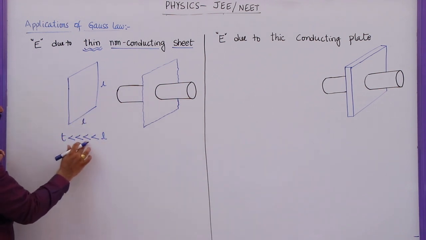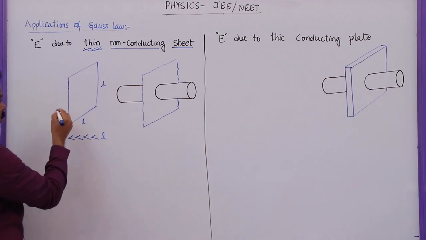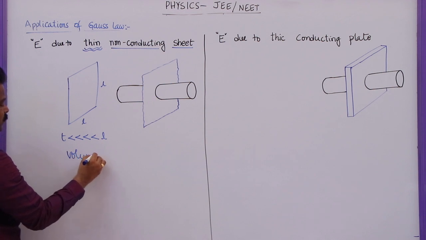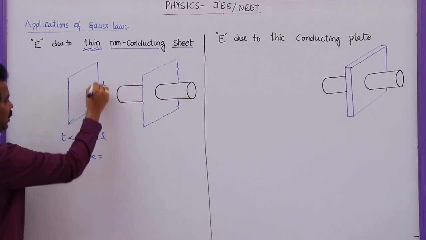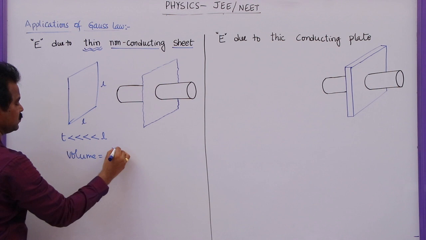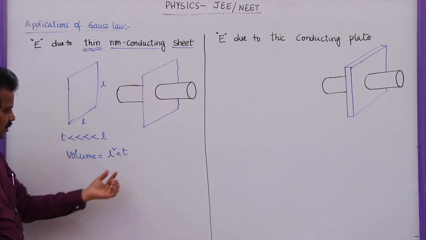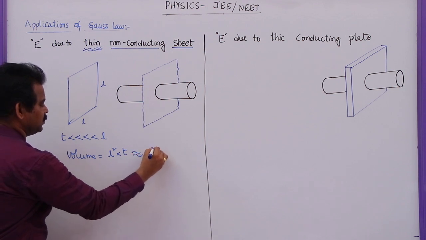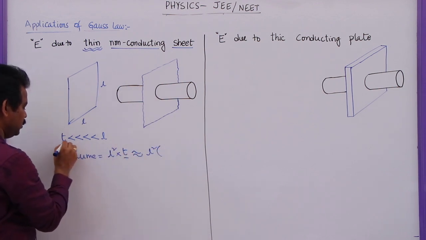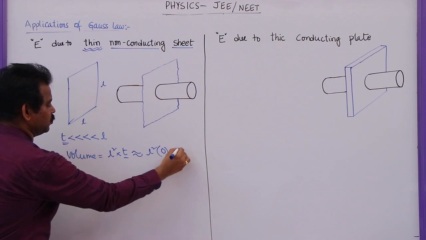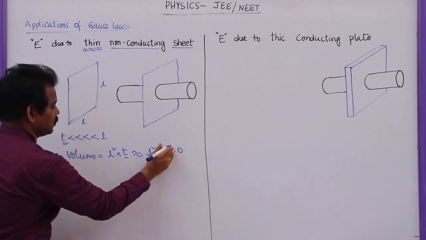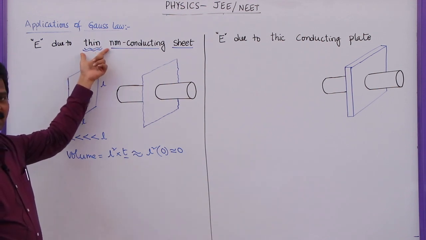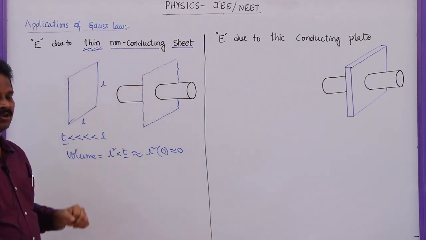So that means T is much lesser than L. Now, if we wish to find out the volume of this sheet, it is given by area into thickness, that is L square into T. But here T is very small. When it is very small, it can be taken as 0. So the volume is not exactly 0, this is nearly equal to 0. That's why I am taking this as a thin non-conducting sheet.